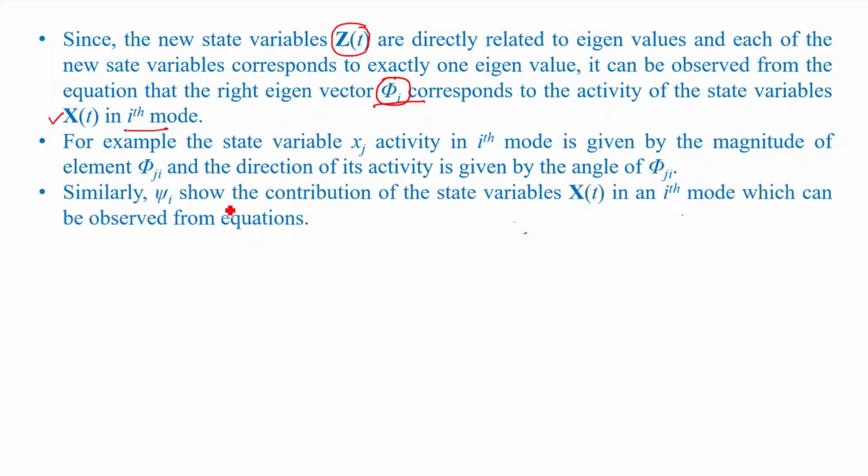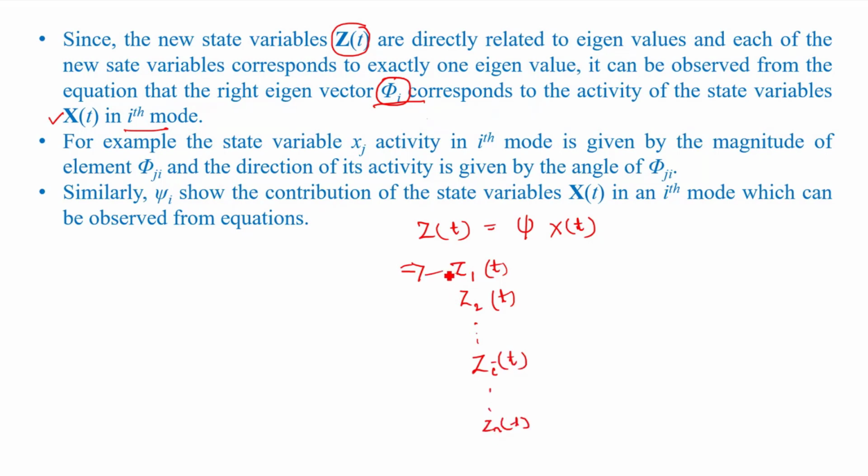So now, similarly, psi_i shows the contribution of the state variable x(t) in the ith mode. How is it? We can see here the equation, we already know that z(t) I can write as psi of x(t), right? So if we expand this, how will it look? It will look like z_1(t), z_2(t), dotted up to z_i(t), dotted up to z_n(t).